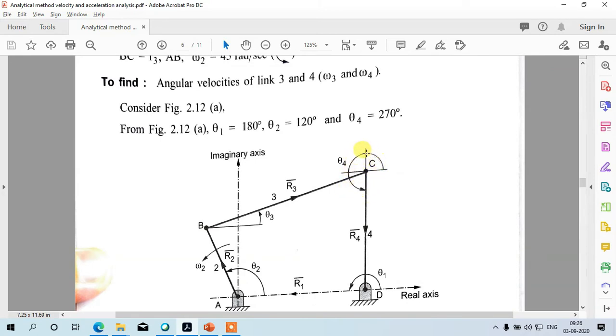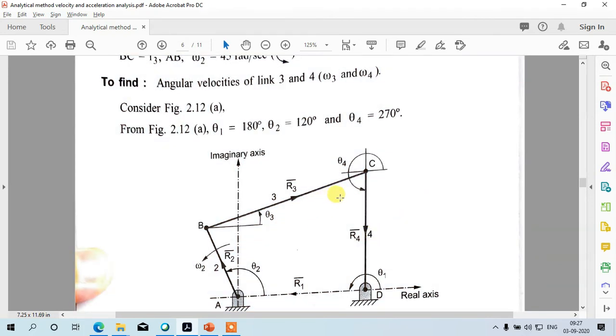Complete 360 minus 90, then you will get theta 4 equal to 270 degrees, and theta 1 by observation is 180 degrees. So theta 1 is 180 degrees, theta 2 is 120 degrees, and theta 4 is 270 degrees. Theta 3 we cannot determine because we don't know the length of link number 3 and no other data is specified. So theta 3 is unknown at this point.